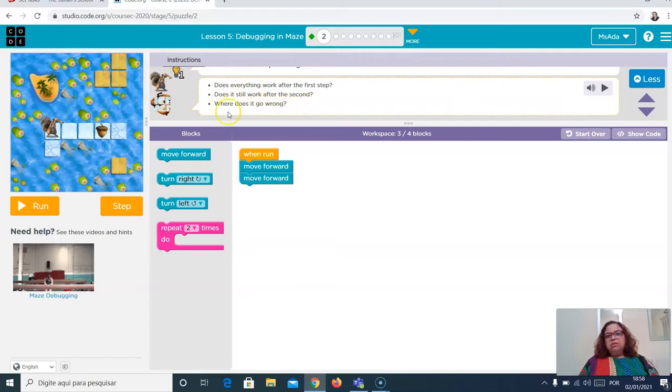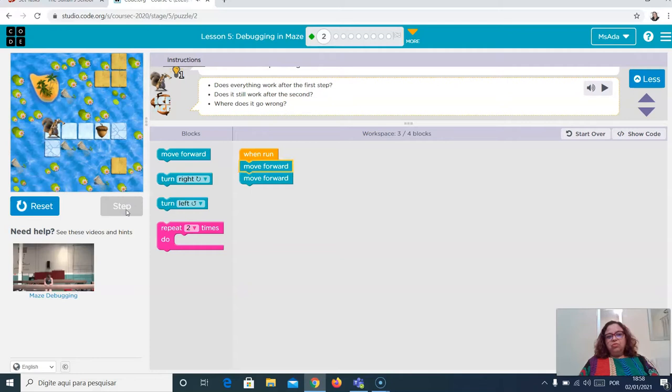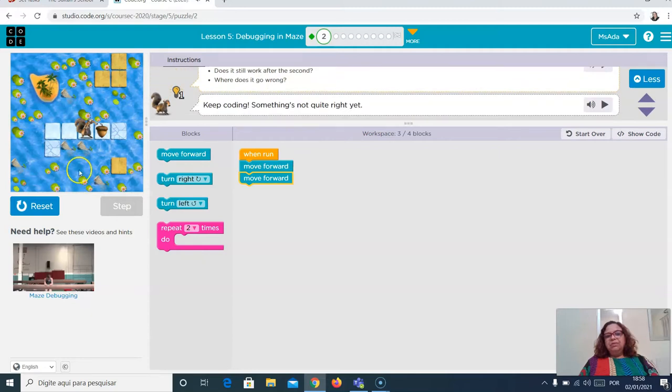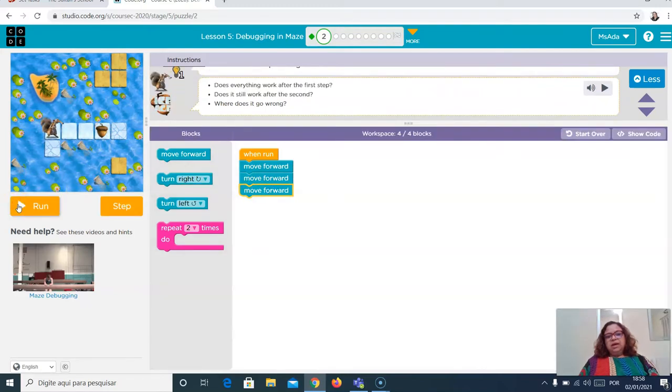After the second? Where does it go wrong? So I'm going to go step by step. Forward 1, forward 2. It didn't get there because it needs another one. It needs to go forward 3 times. So I reset and I can run.